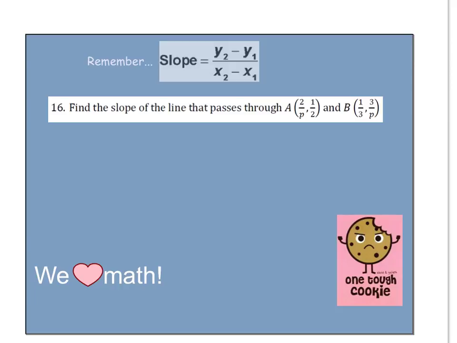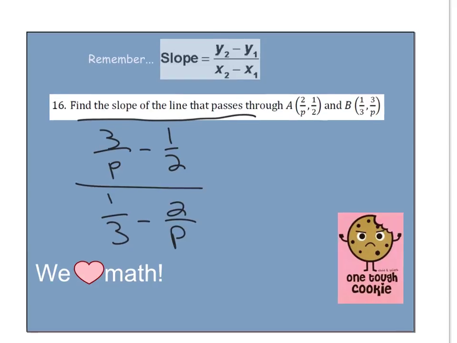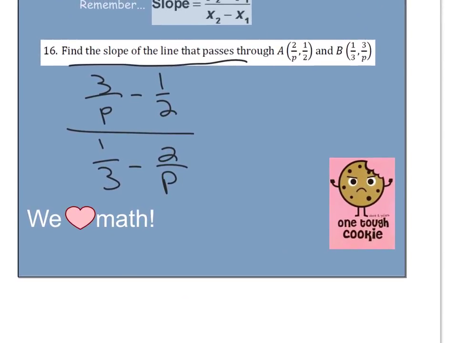So slope, ooh, interesting. Find the slope of the line that passes through that and that. So that would be (3 over p minus 1/2) over (1/3 minus 2 over p). So this will be a nice challenge problem here. The first thing I'm going to do is put this all in one together.